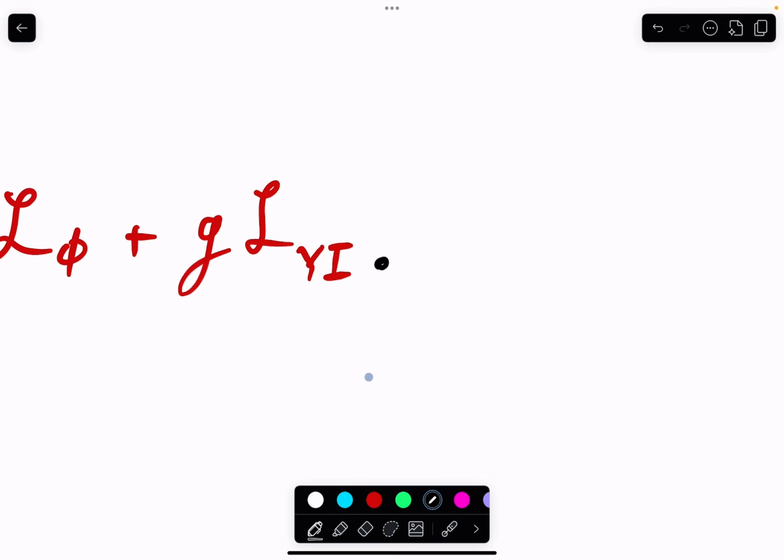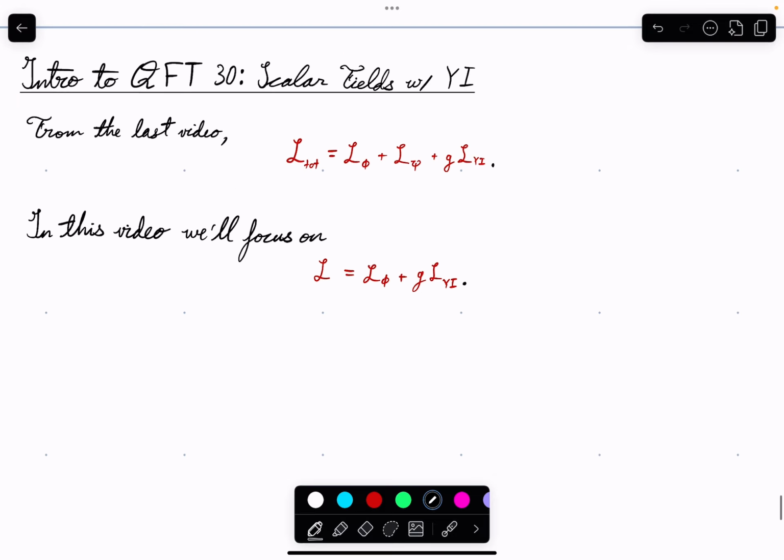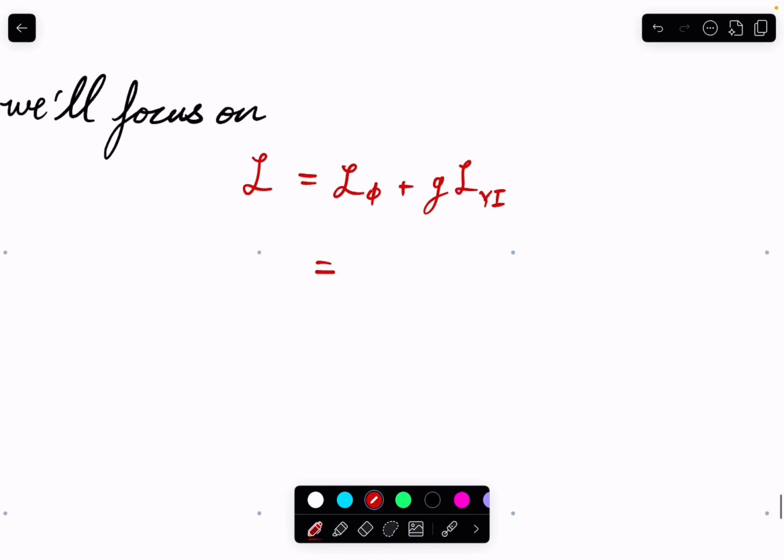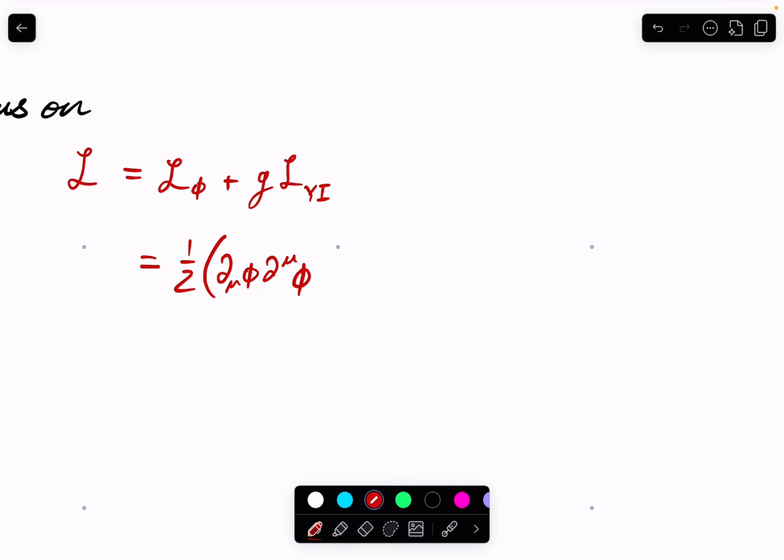I didn't expand this into its full form, which I have in my notes. It's the gradient of the field squared, then minus the mass of the field squared.